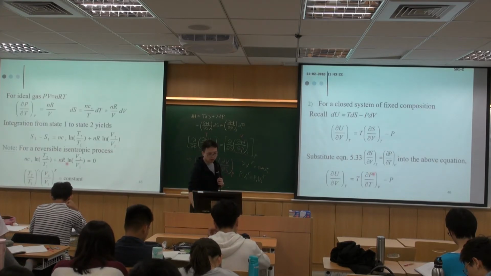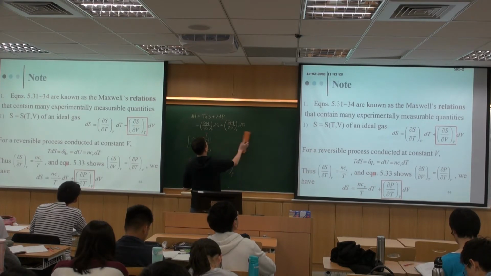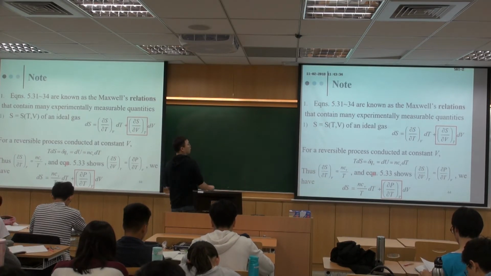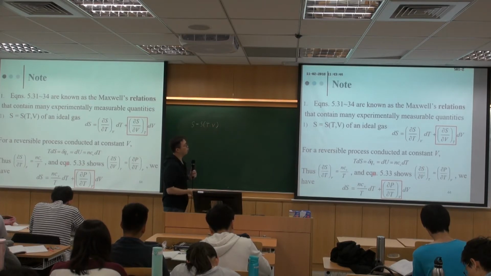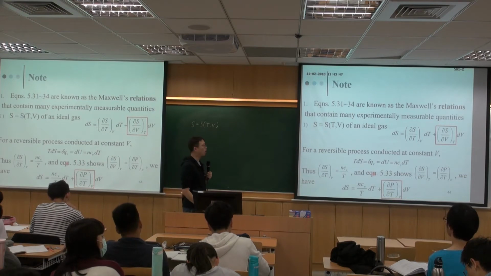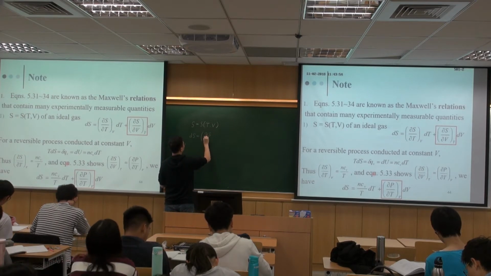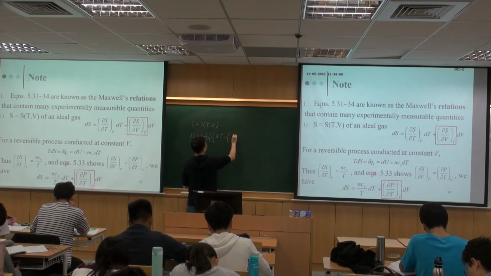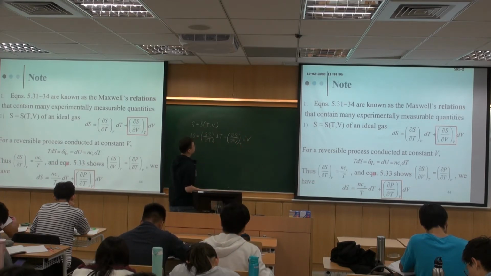So for this example, again, to summarize this, the logic behind this is that we know that this entropy, let's say, if we want to express this as a function of temperature and volume, and therefore we know that dS is partial S partial T at fixed volume and partial S partial V at a fixed temperature.